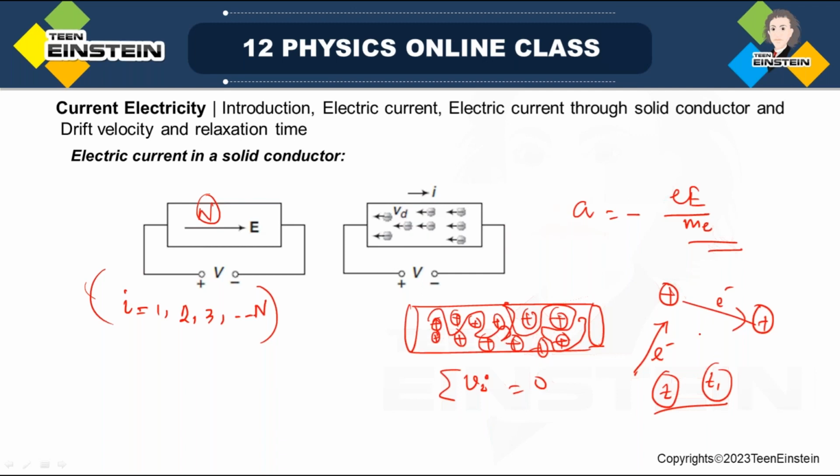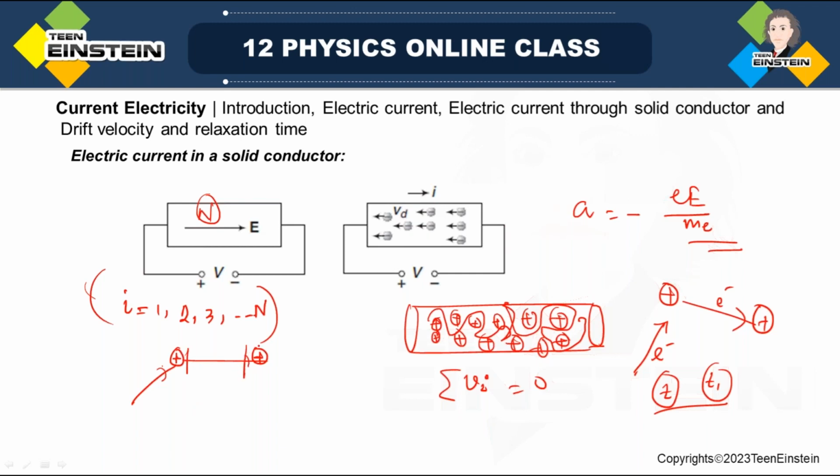So we need to consider the case between two successive collisions.